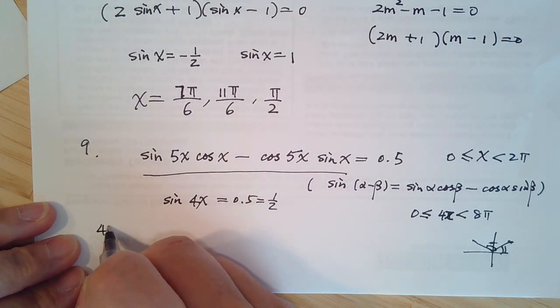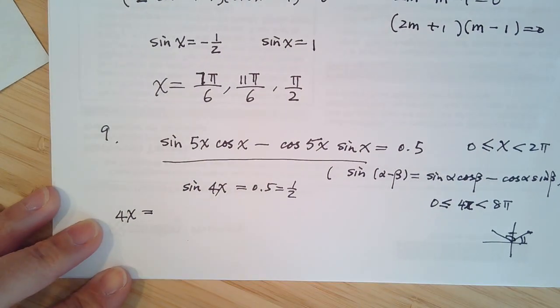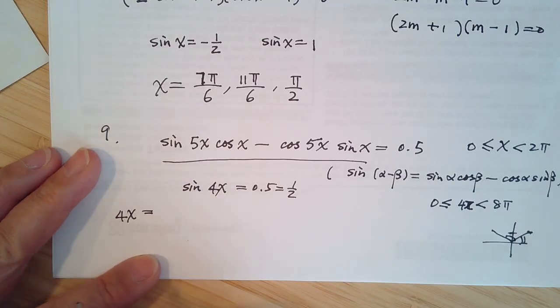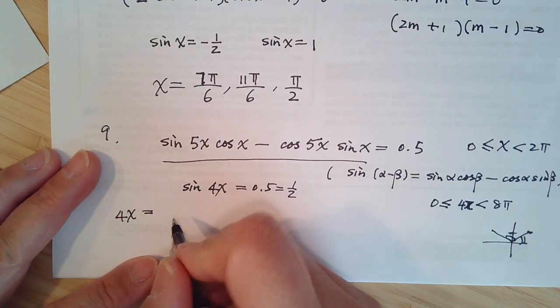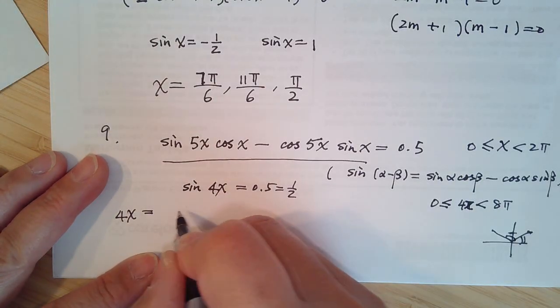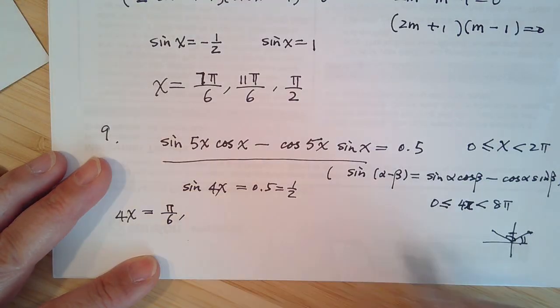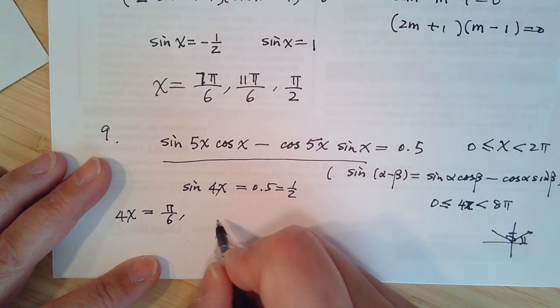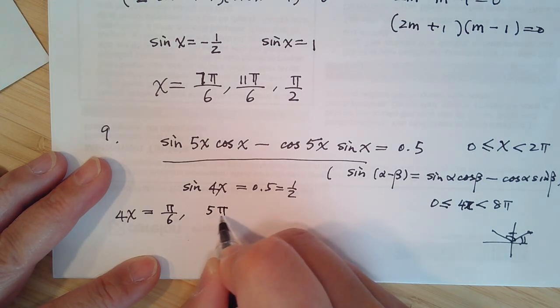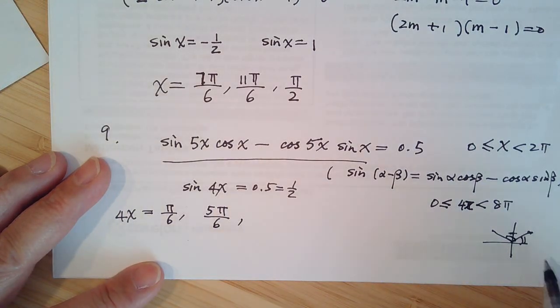So my 4x will become, it's very tricky, okay? Here that's π/6, and this is π/6, and this is 5π/6. Okay, that's one.